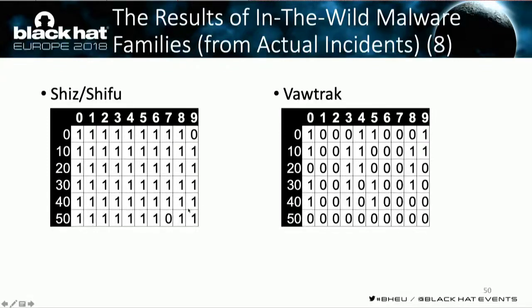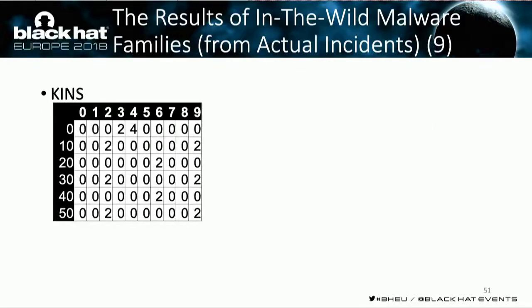It almost connects every minute. And Votrack, it connects every 3 or 4 minutes, and sometimes 2 minutes in a row. And the last one is Kins. It almost connects every 7 minutes. Thus, our model is able to detect a variety of patterns and malware families.